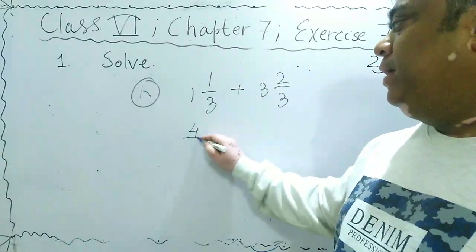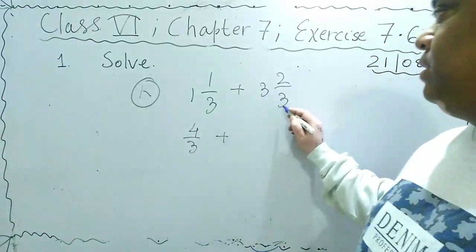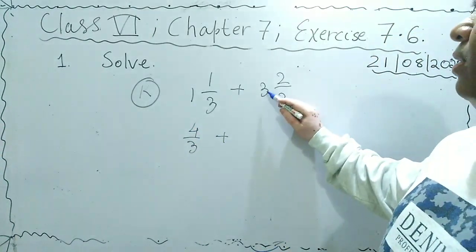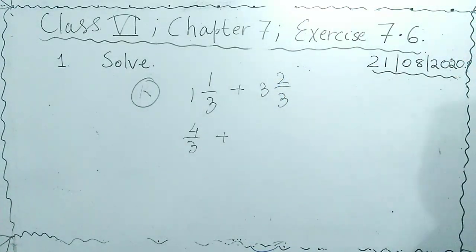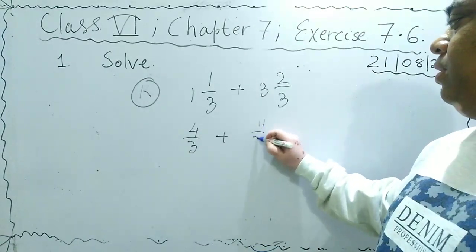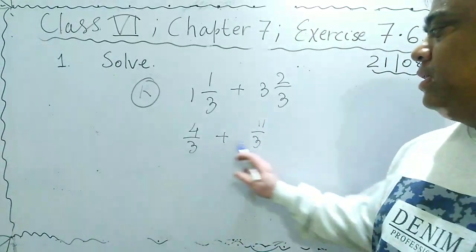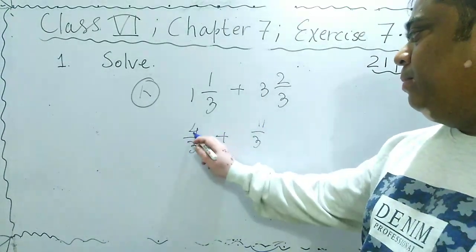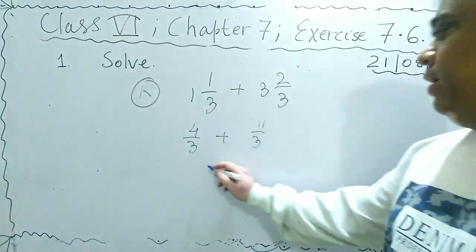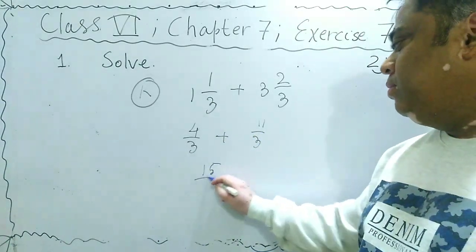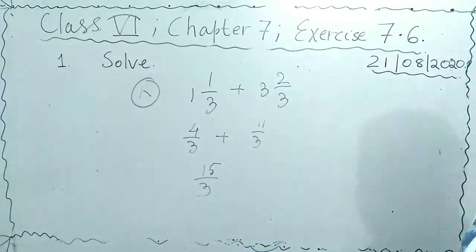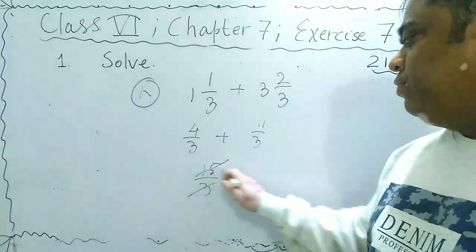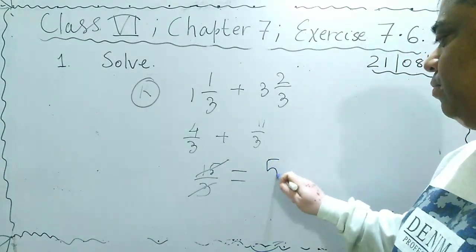This will become 4 by 3 plus 3 3s are 9 and 9 plus 2 is equal to 11, 11 by 3. Here the denominator is same, so the numerator will be added. So it will become 15 by 3, and 3 will be cut with 5. So it will become equal to 5.